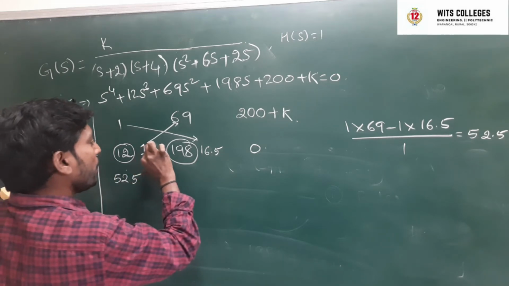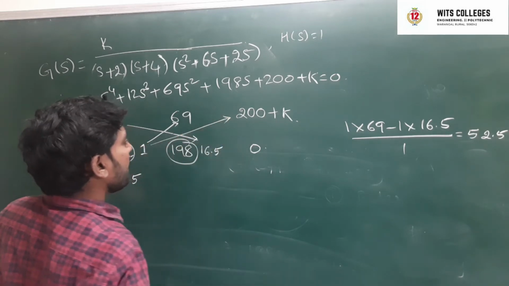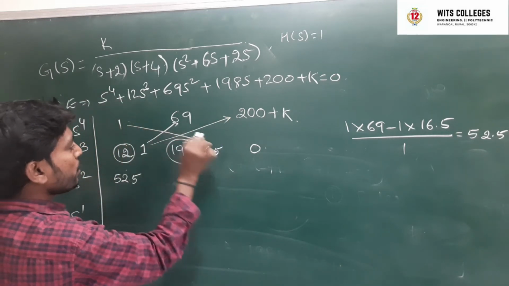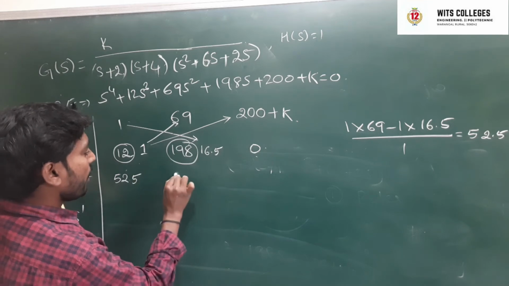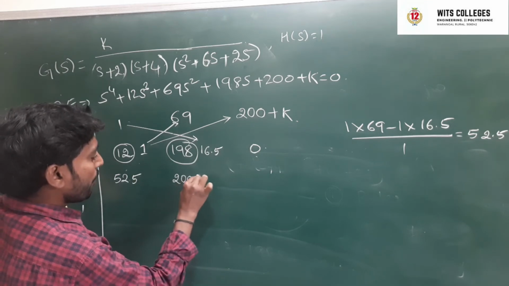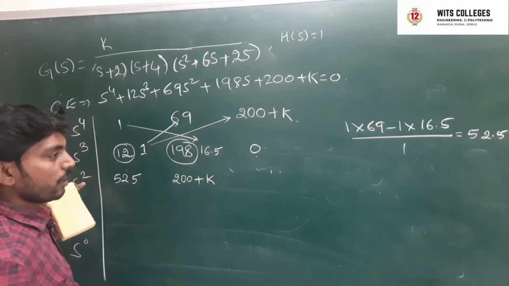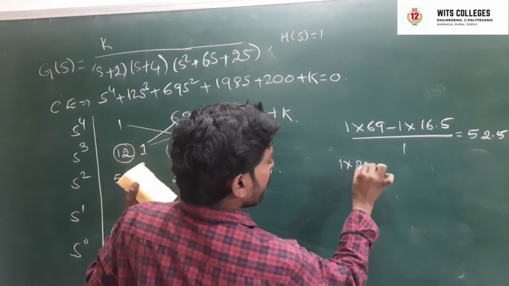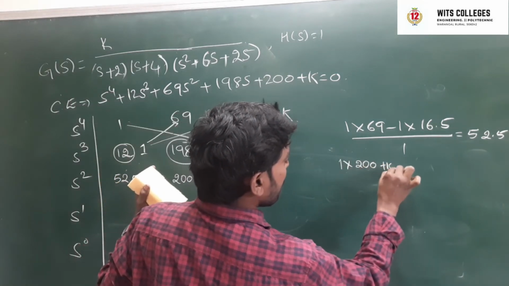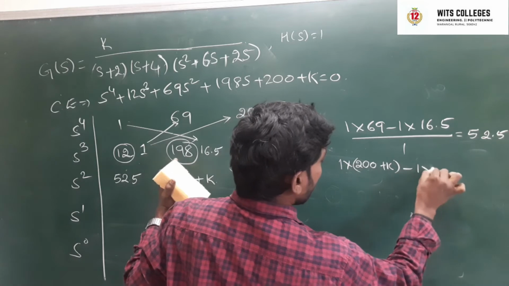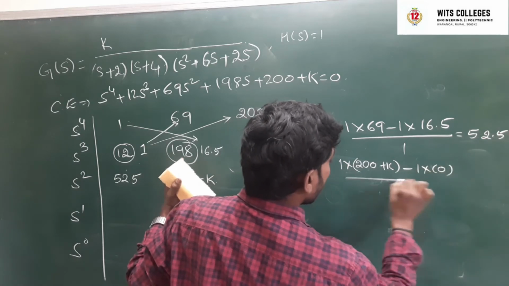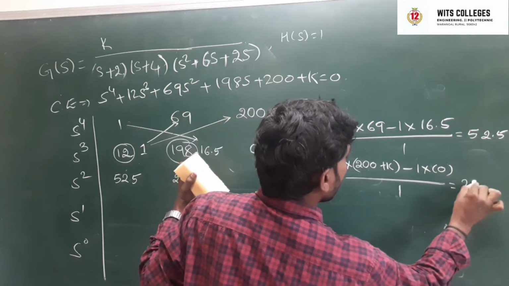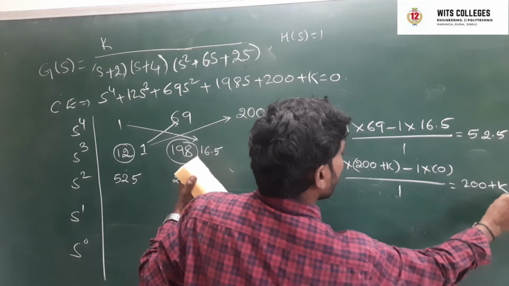Next, 1 into 200 plus K minus 1 into 0 by 1 is nothing but 200 plus K.